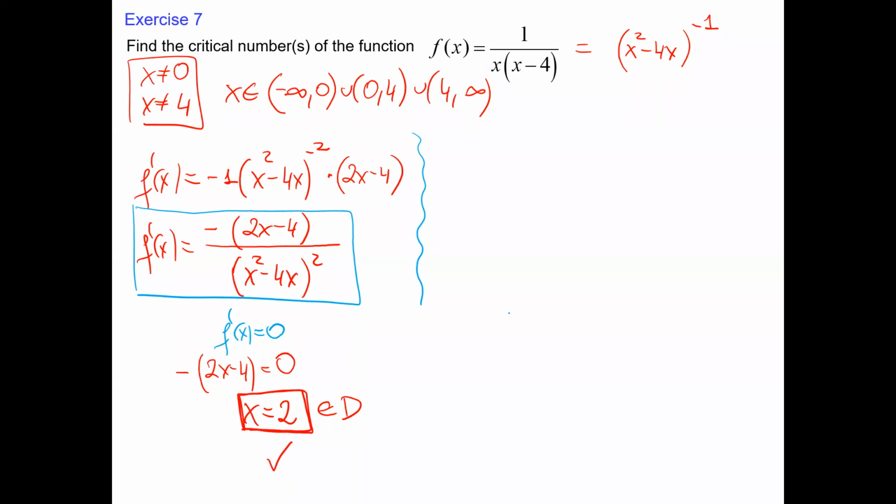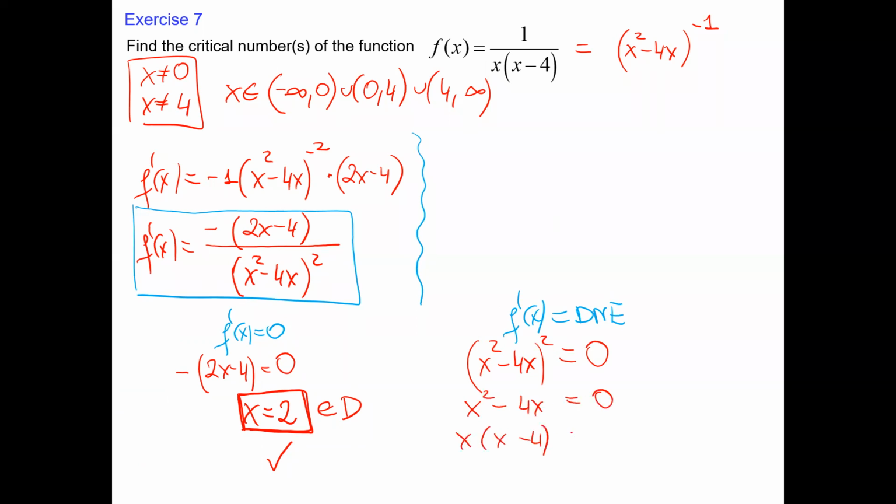Now let's do this. Derivative is undefined if this fraction is undefined. The fraction is undefined if the denominator is 0. x squared minus 4x, all squared, equals 0. This is 0 if just the quantity inside is 0, and we can factor out.